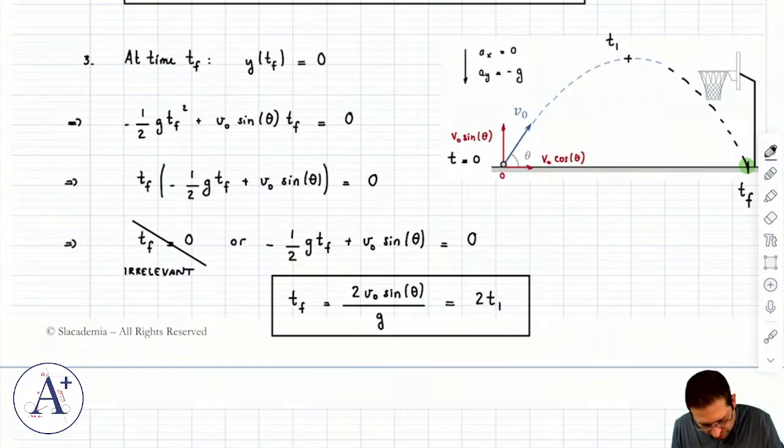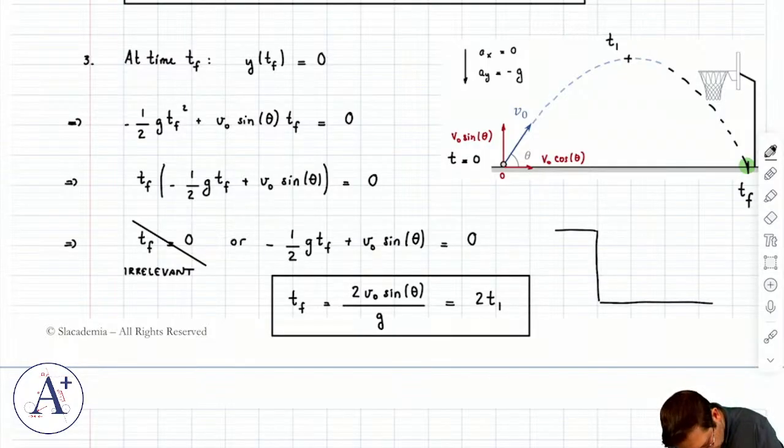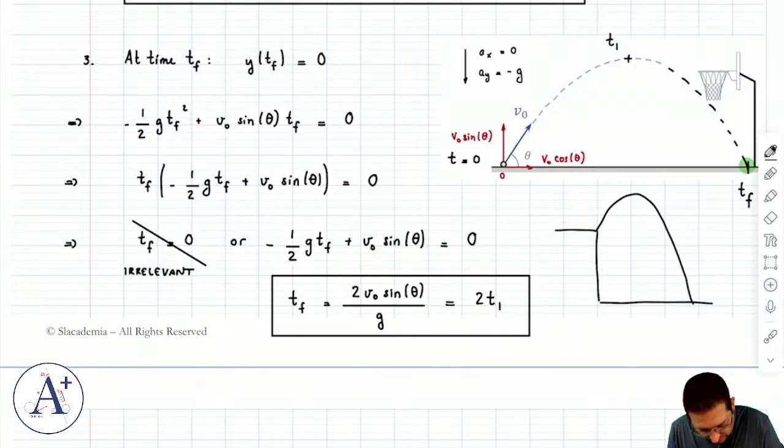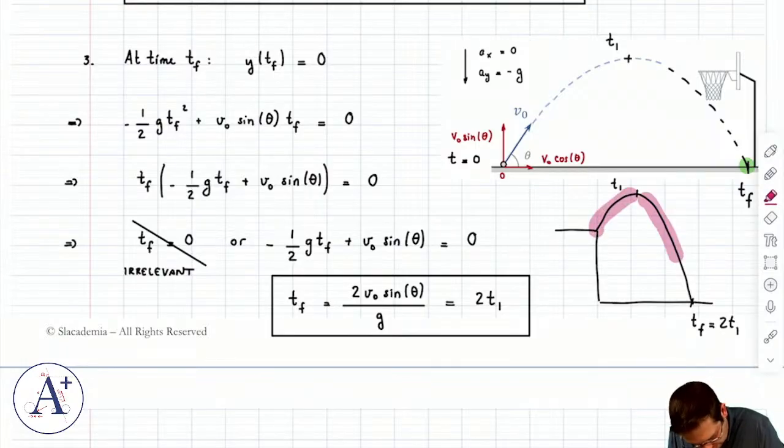It would not be true, for instance, if you had this, right? If you were setting off to play golf at the edge of a cliff, and you were to launch your golf ball like this, and this were T1, well, you couldn't go ahead and say, well, T final is 2T1, right? That's not true. It's not symmetric, right? This piece is not the same as this piece. The best that you can say is this.